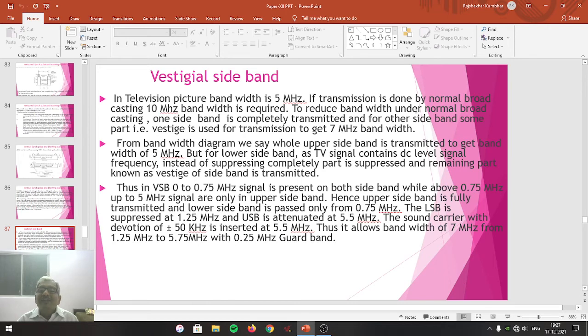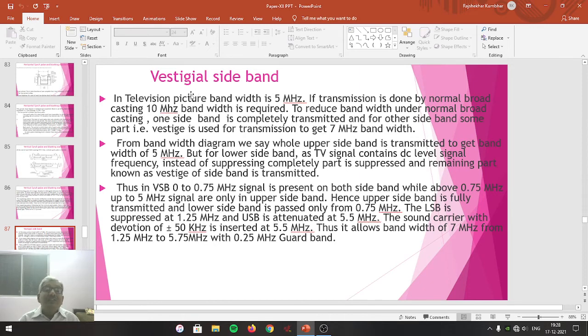To reduce the bandwidth under normal broadcasting, one sideband is completely transmitted, and for the other sideband, only some part, that is the vestige, is transmitted, to get the 7 MHz bandwidth. Some part of the lower sideband is used. That part is called a vestige, and that's why the bandwidth generated is known as vestigial sideband.